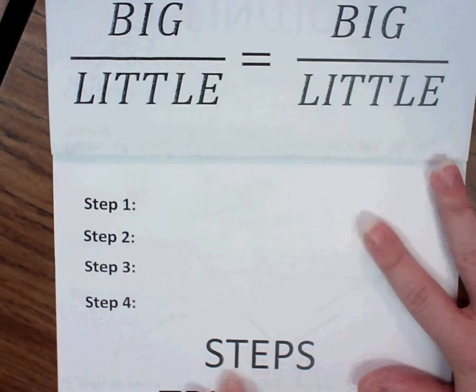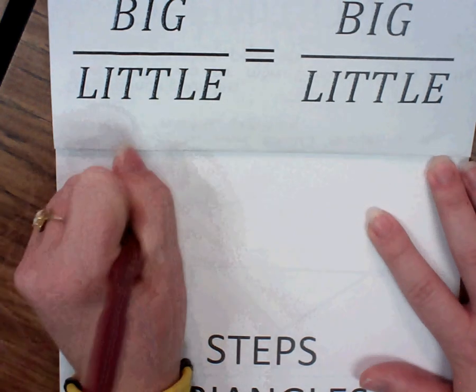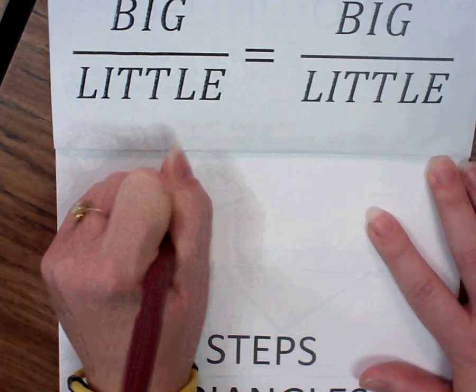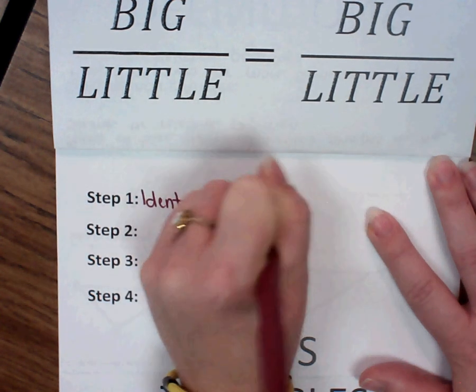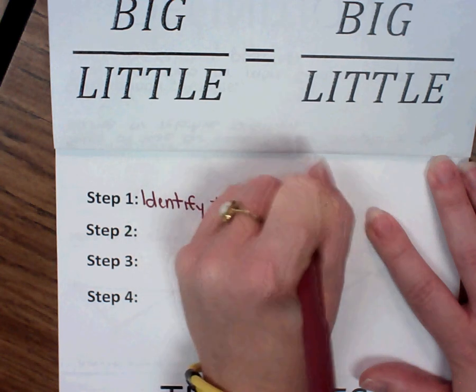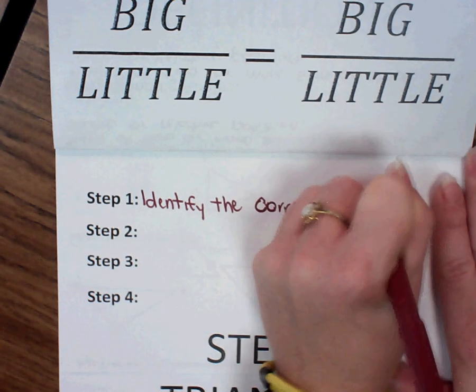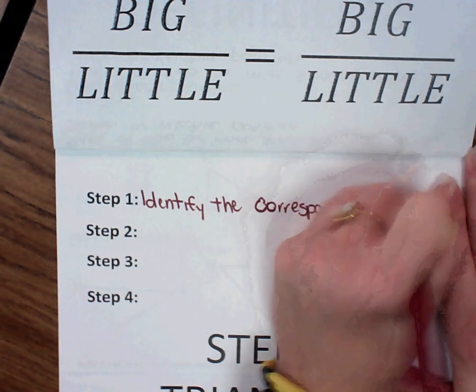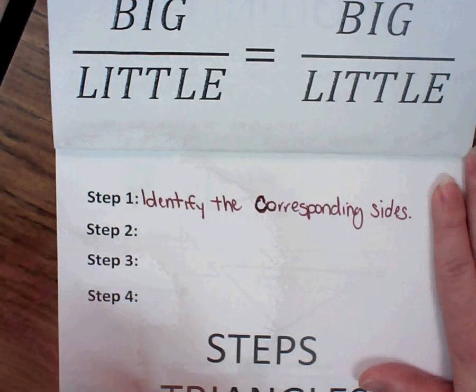So the steps when solving similar figures: the first thing is we're going to identify the corresponding sides.